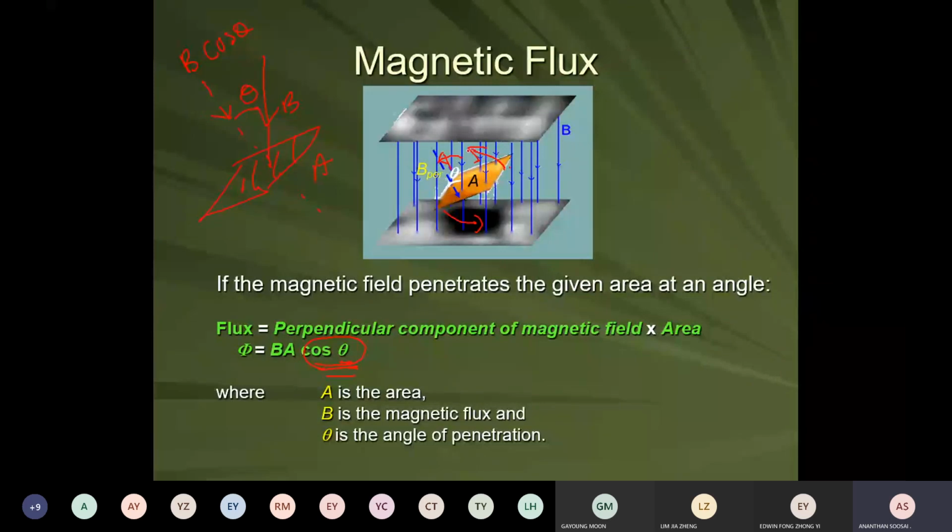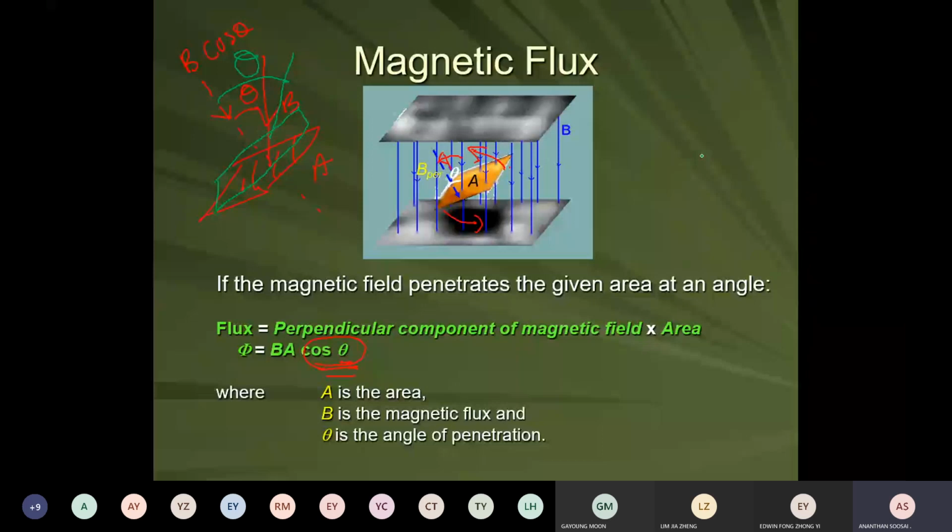We turn it in the anti-clockwise direction. That means the angle gets bigger, so cos theta gets smaller. So the flux drops.